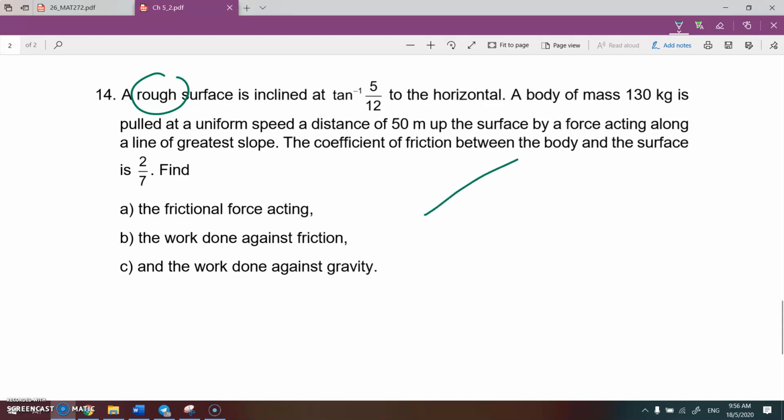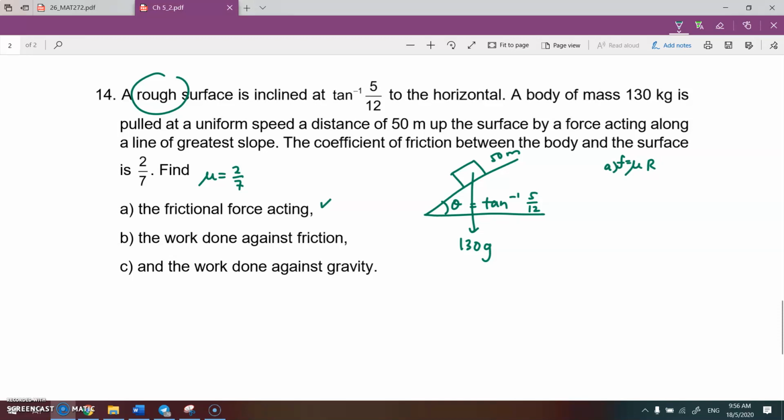In this case, theta is tan inverse 5/12, and the body is 130 kg, so mg is 130g. It is pulled up 50 meters, and the coefficient is 2/7. Question A, find the frictional force acting. So you need to find mu R, which is the frictional force.